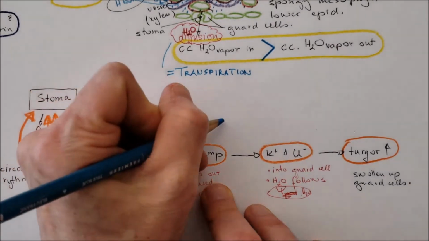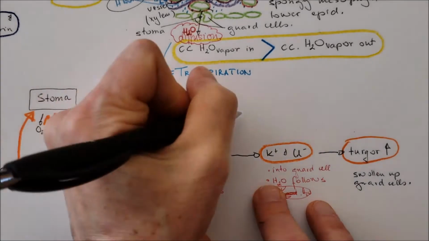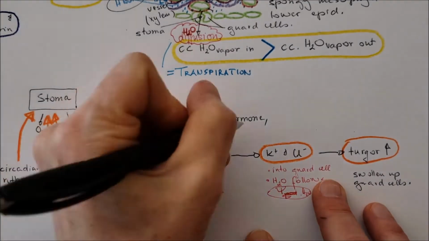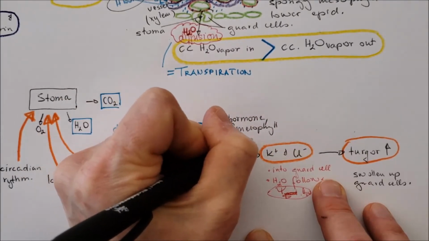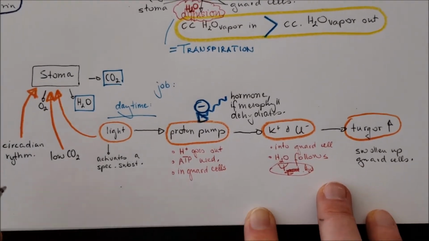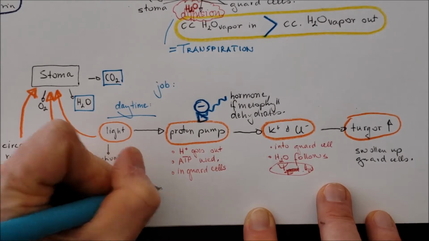What happens at dehydration? Here is a hormone produced by the roots as well as in the leaves: if the mesophyll dehydrates, that hormone is going to be produced and prevents the proton pump from getting activated.